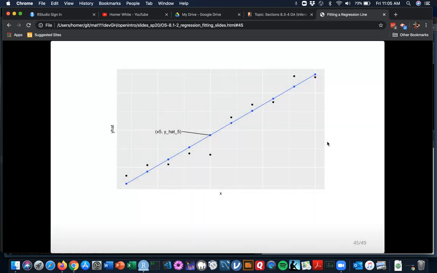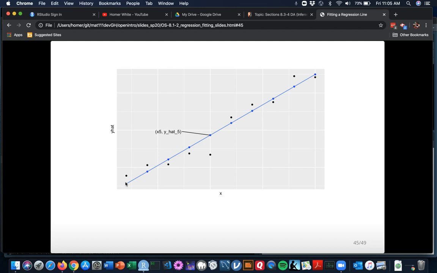So let's look at a picture of that. I've got my same points on my scatter plot here in black. Same x1, y1 through x10, y10. But I've drawn the blue regression line as well. And along the regression line, I've got these points where the y coordinate is the height of the regression line, right on the regression line. It's the yi hats.